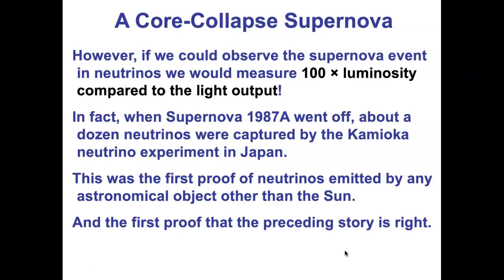The neutrinos from the explosion actually arrived at Earth a few hours before the light did. Not because the neutrinos were traveling faster than the speed of light. Neutrinos travel a little bit slower than the speed of light. But because they got a head start. The neutrinos flashed out of the supernova.